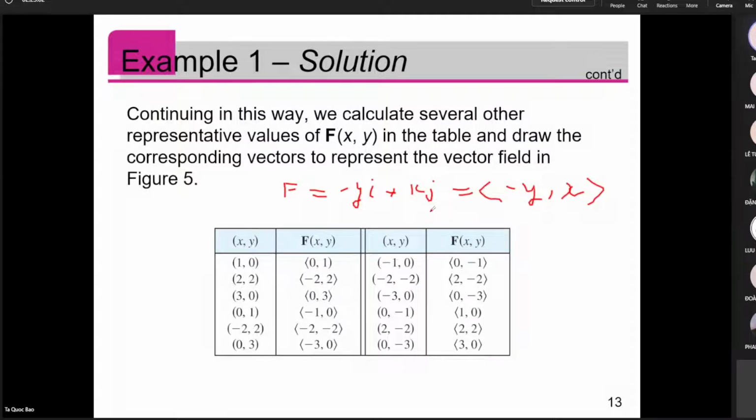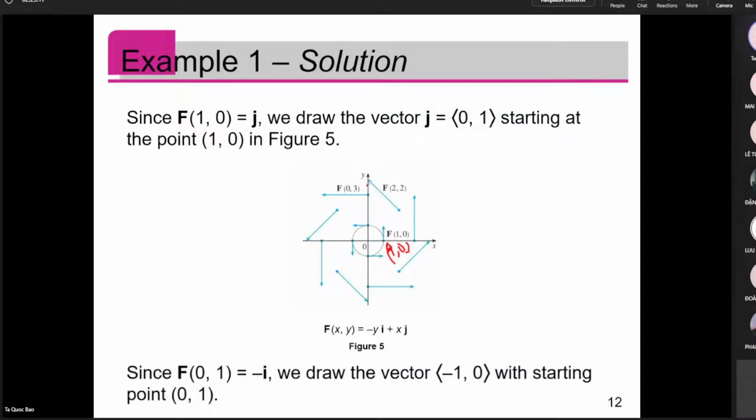F is exactly equal to 1j. Therefore, this vector is parallel to the axis OY with length 1. So you can draw this vector F(1, 0) like this. Understand?